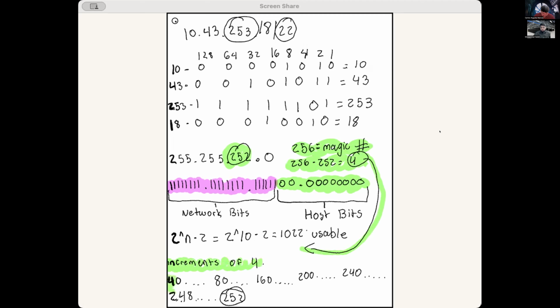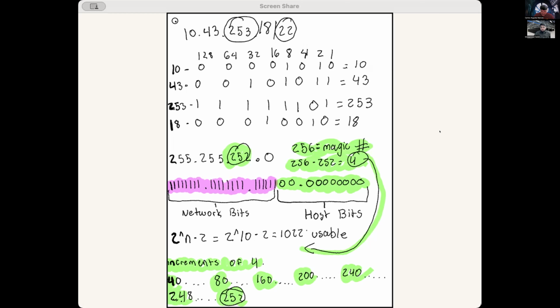We know it's 40, 80, 160, 200, 240, 248, 252. So the block is 252 all the way to 256. But 256 is impossible in IP addresses, since the maximum is 255. So really you would be looking at 252 through 255.